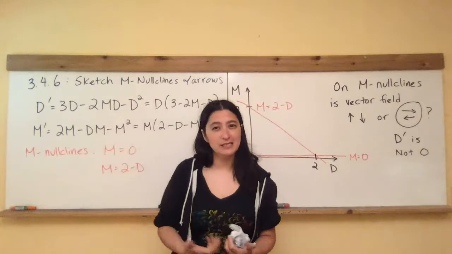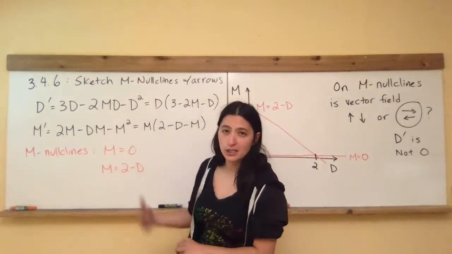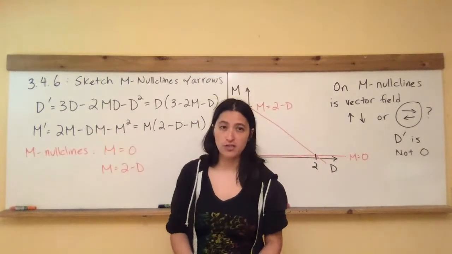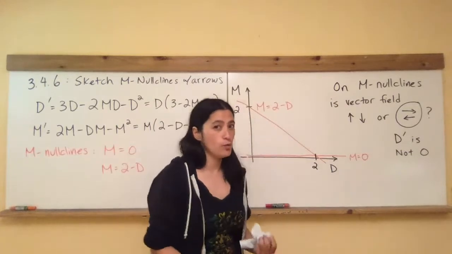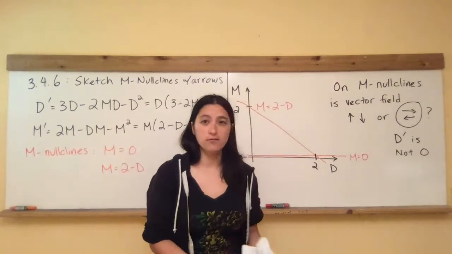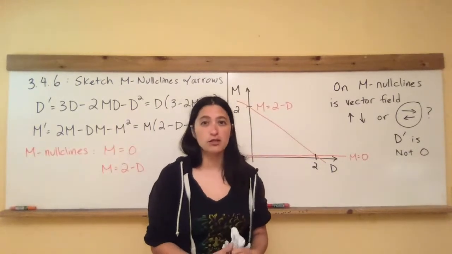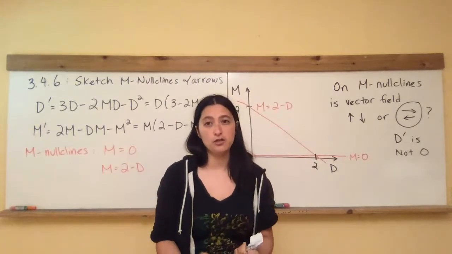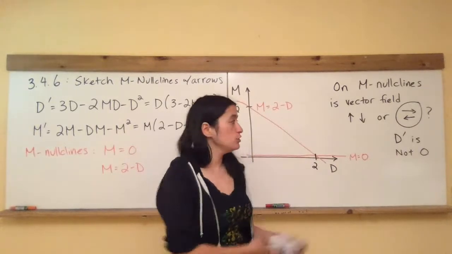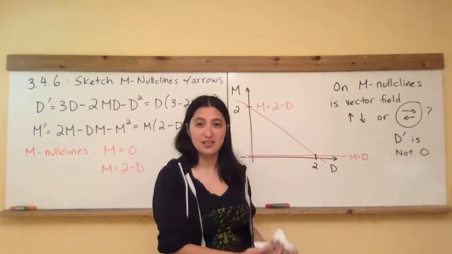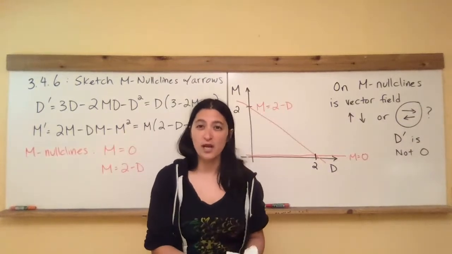If you accidentally plug it into the wrong equation, you will get 0. And if you get 0, you won't know what to draw because it's neither negative nor positive. So that's another way to check that you're on the wrong route: if you get 0, then you picked the wrong way to go.